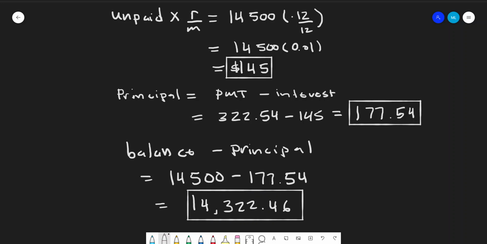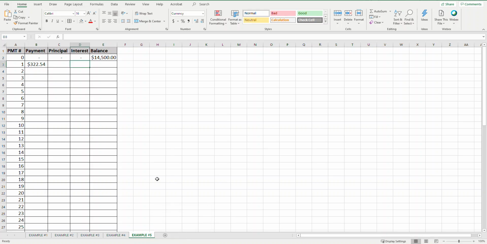So let's try to do this in Excel, okay? Now, we'll go ahead and see that the interest that's due is essentially going to be equal to this amount, but multiplied by 0.12 divided by 12.